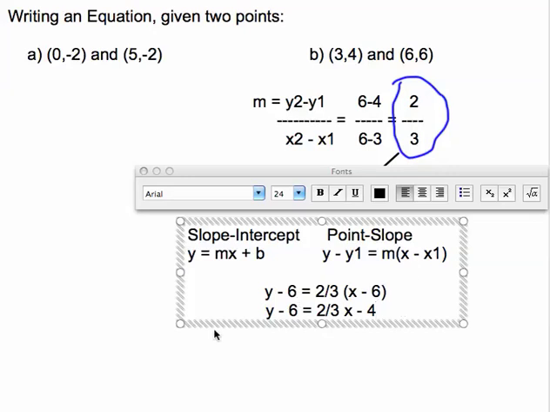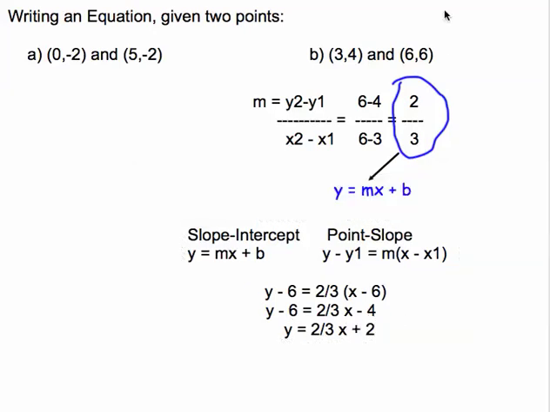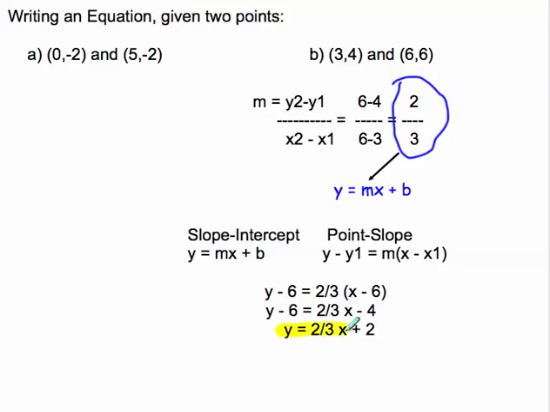And now all you have to do is get y by itself, so you add 6 to both sides, and you end up with y equals 2/3 x, and if you add 6 to negative 4, you get 2. And there is your equation. Y equals 2/3 x plus 2.